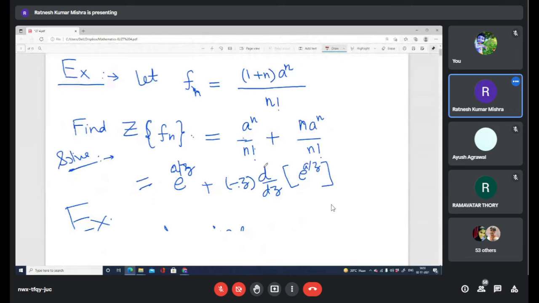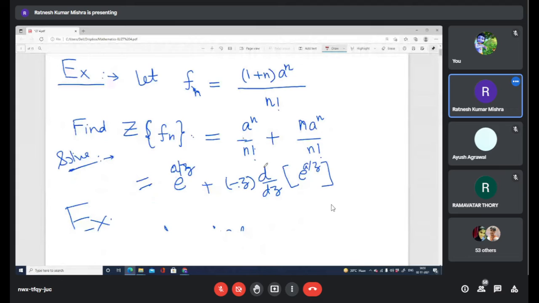Using the convolution theorem, find the inverse Z transform of z squared by (z minus 1)(z minus 3). Okay, solution.